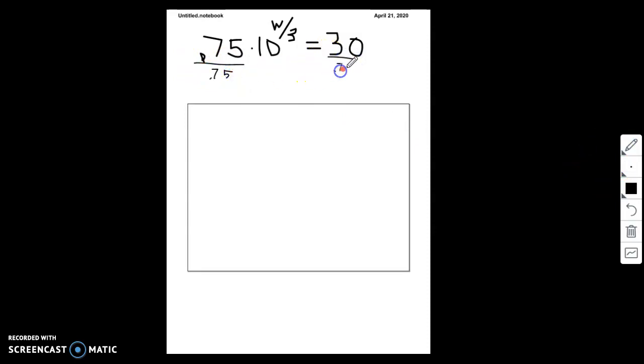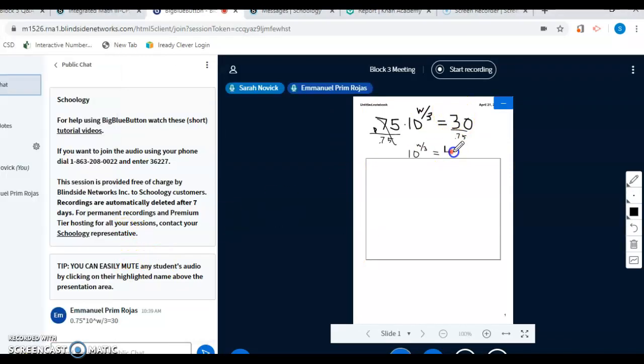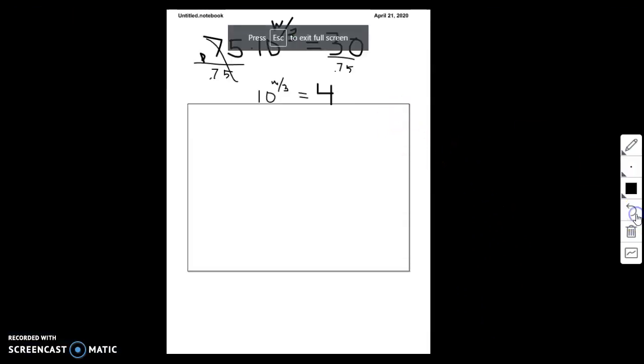And you end up with 10 to the W over 3 equals whatever 30 divided by 0.75 is. 40. It's 40? Okay. Is equal to 40.